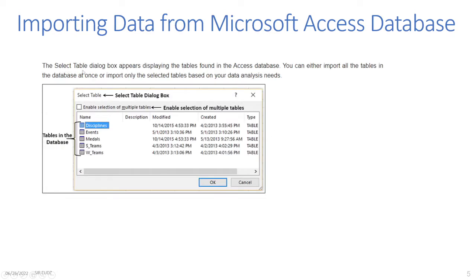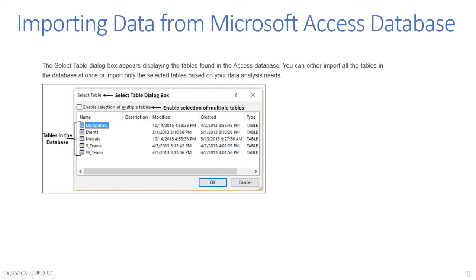The Select Table dialog box appears, displaying the tables found in the Access Database. You can either import all the tables in the database at once or import only the selected tables based on your data analysis needs. So these are the tables in the database.